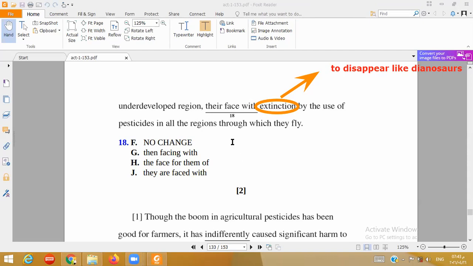I want to replace it with one of F, G, H, J. Which one is correct, guys? G or J? J. Yeah, "they are faced with."